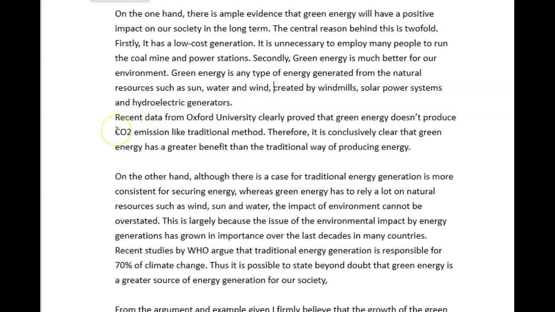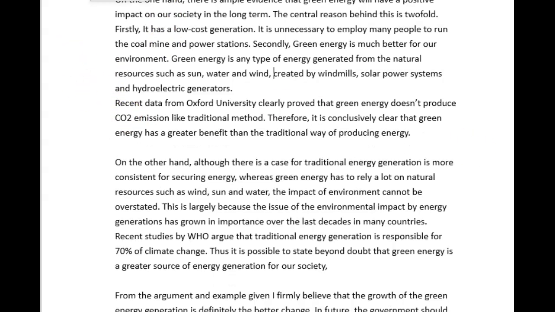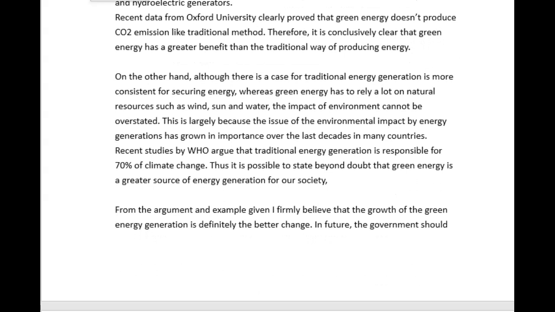Keep it as one paragraph. Recent data from Oxford University clearly prove that green energy doesn't produce CO2 emissions, like traditional methods. Therefore, it is conclusively clear that green energy has a greater benefit than the traditional way of producing energy. Okay, fine. So, some little problems with this paragraph, but nothing, like earth-shattering. It just needs a little work.